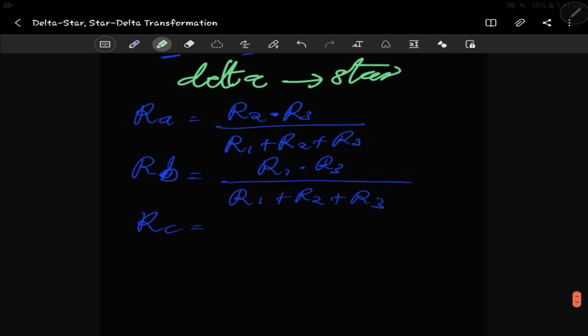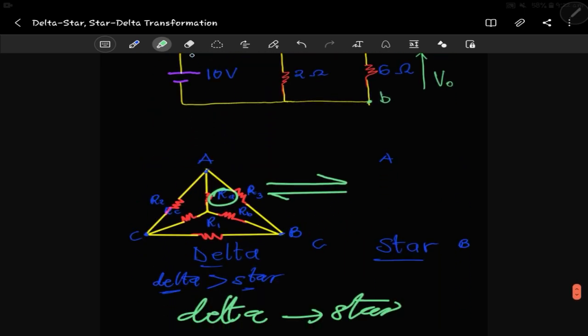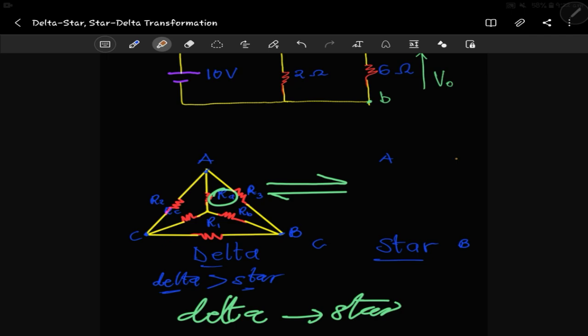So now the aim is to convert from what? From star to delta, right? Initially, when we started, the star was here, but I moved it to here. And then what we said was that the star is within the delta.